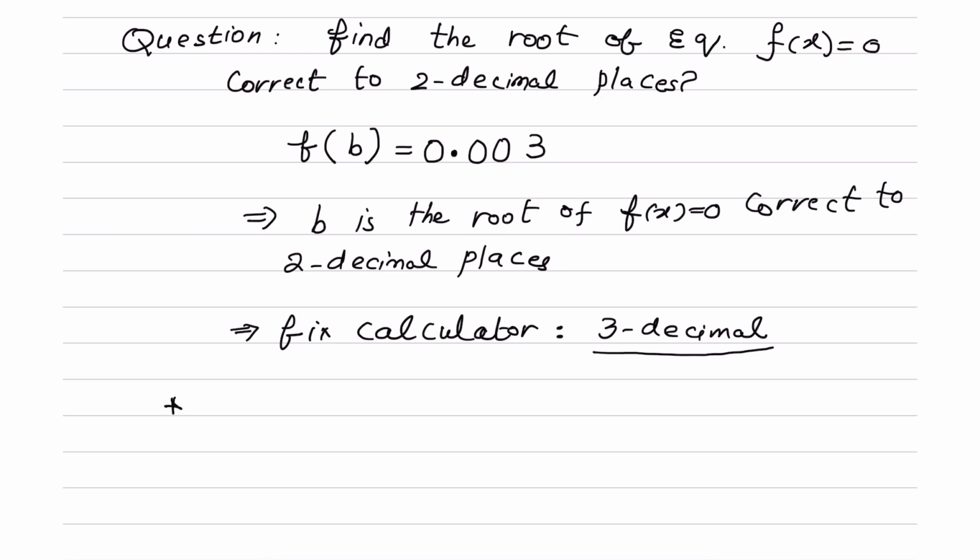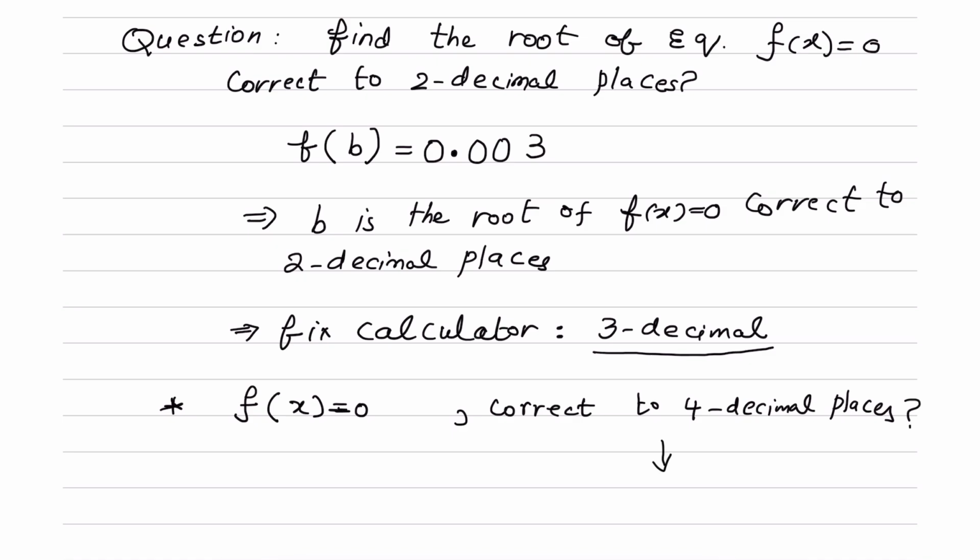Once again, let's say you have to find the root of an equation correct to 4 decimal places. The question is up to how many decimal places you will fix your calculator.